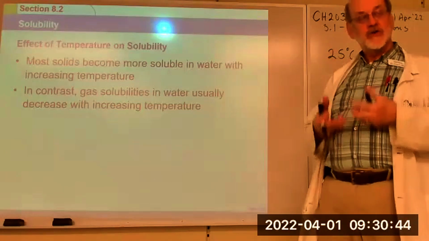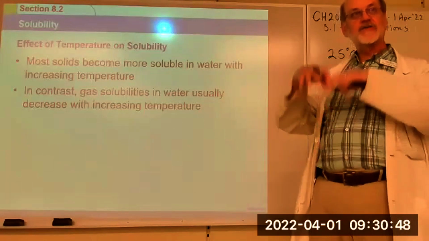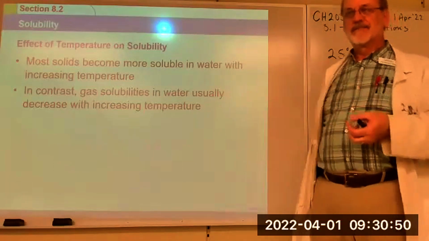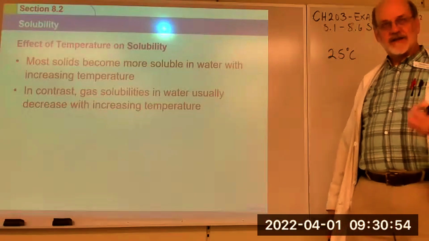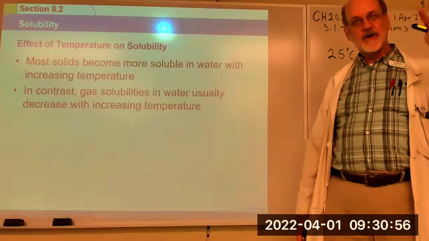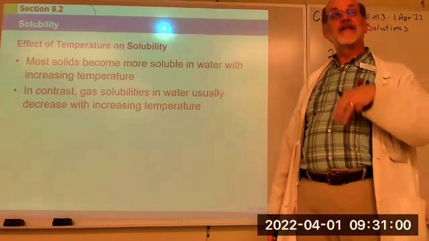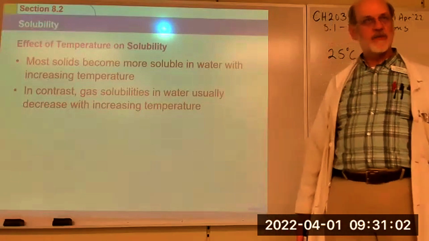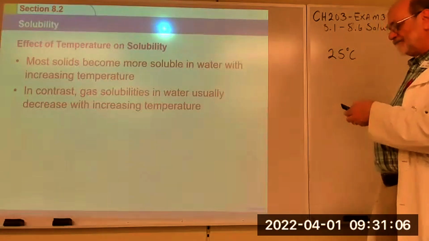As you increase the temperature, the gases are less soluble, so they come out of solution and form little tiny bubbles. And then eventually, after those disappear, you get the water hot enough to boil. And then the gas that comes off is water vapor.